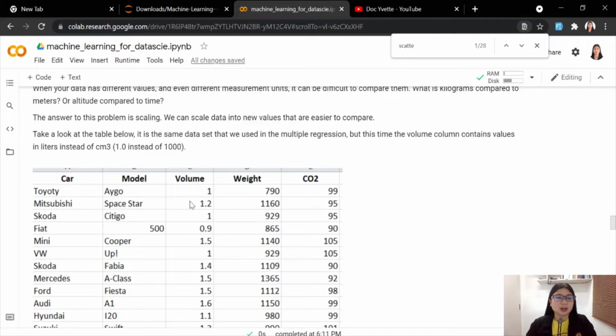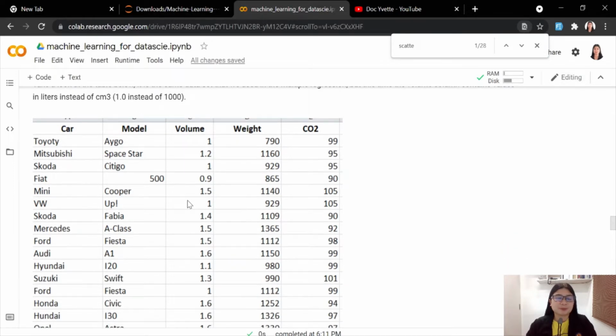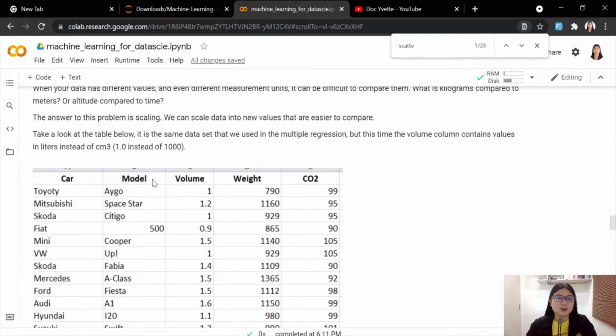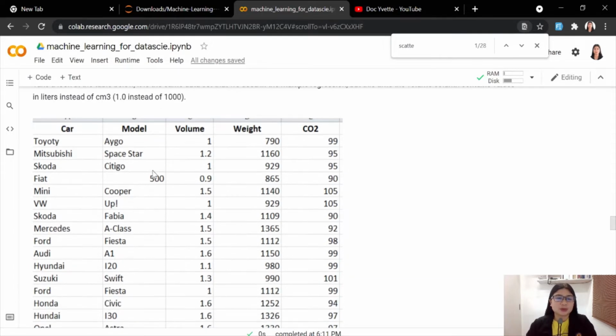So take a look at the table. It is the same data set that we used in multiple regression. But this time, the volume column contains values in liters instead of cubic meters, 1.0 instead of 1,000. So we have car, model, volume, weight, and CO2.